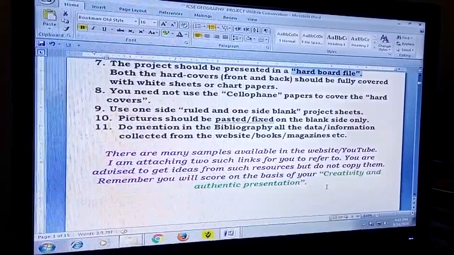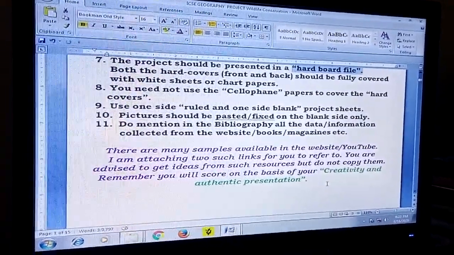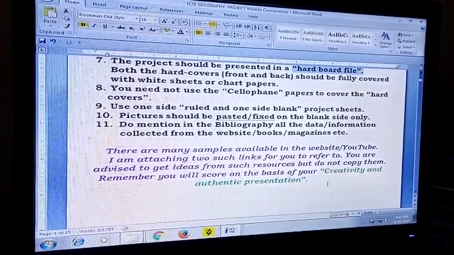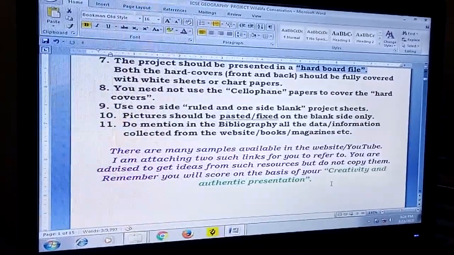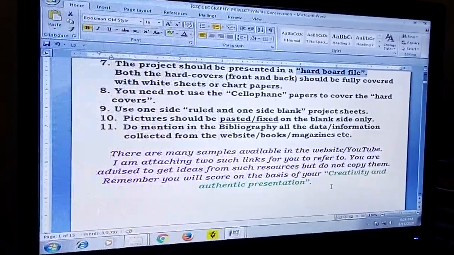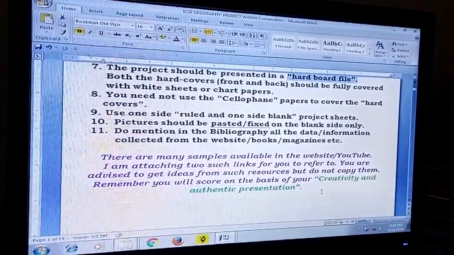You first decide which topic you want to do out of these three. If you type the topic on YouTube, you will find quite many of them. Just go through them one by one, get the ideas, and then decide, and follow how they are doing.